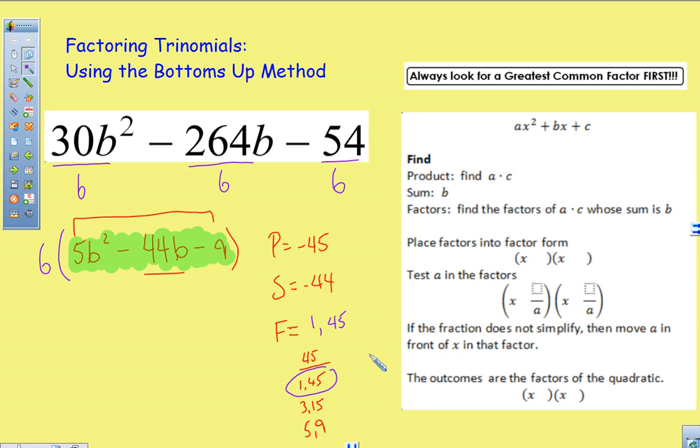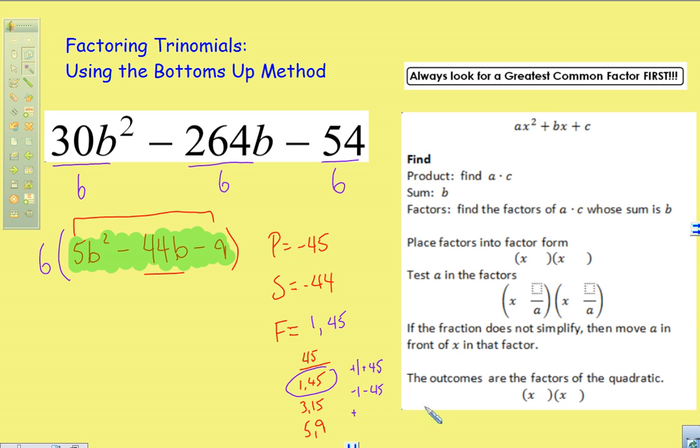Now the question is what combination of positive and negatives am I going to use? So I could do positive 1 and positive 45, but that gives me 46. I could do negative 1 and negative 45, but that gives me negative 46.